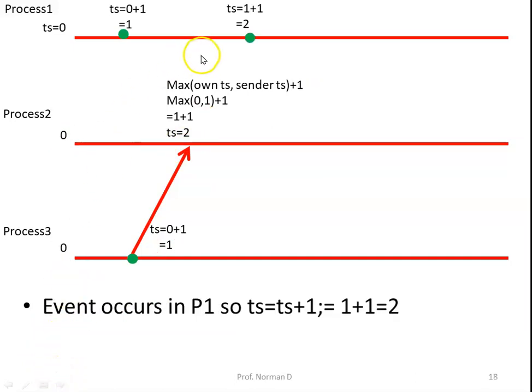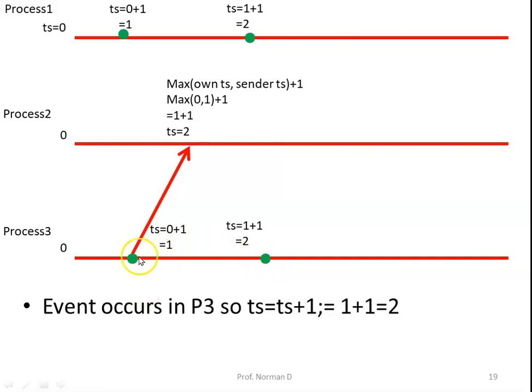Next, an event occurs in P1. The current timestamp of this process is already 1. So 1 plus 1, we get the current timestamp of this process as 2. Next, an event occurs in P3. Similarly, just like P1, the computation will be the same.